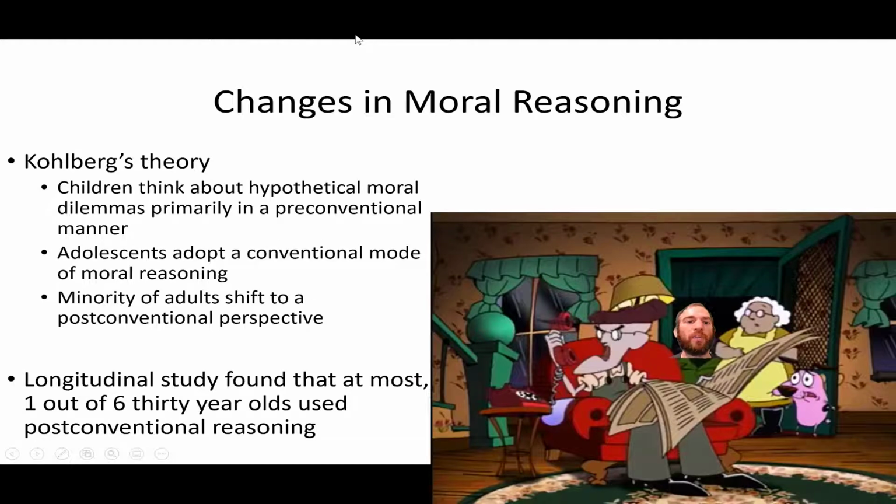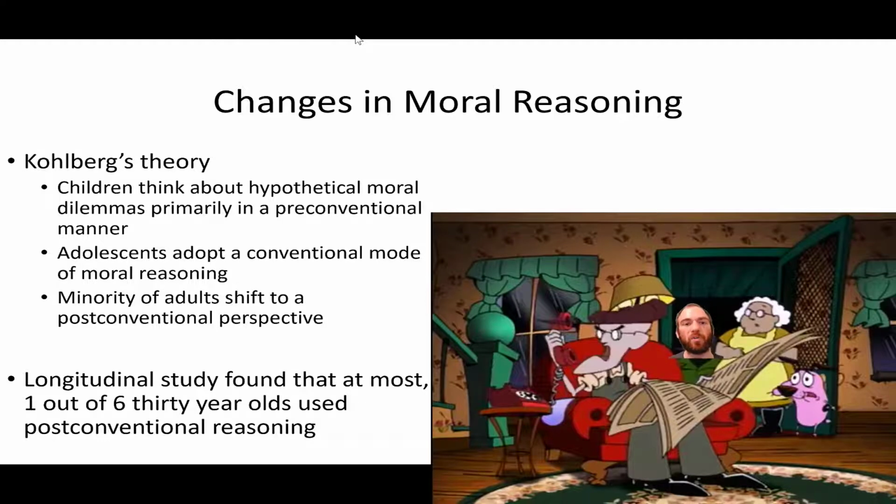So to quickly go over this, just changes in moral reasoning in adults. A longitudinal study using Kohlberg's stage theory found that only 1 out of 6 30-year-olds use post-conventional reasoning. So it's not that you automatically reach this level of reasoning, but rather most adults in Western societies do not reach this level of post-conventional reasoning.